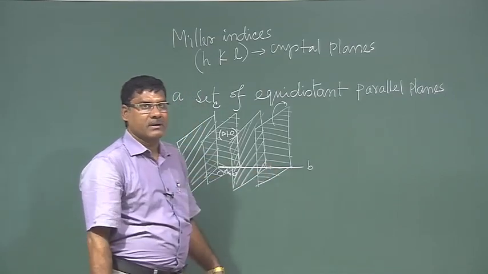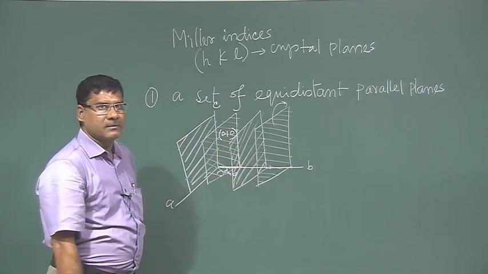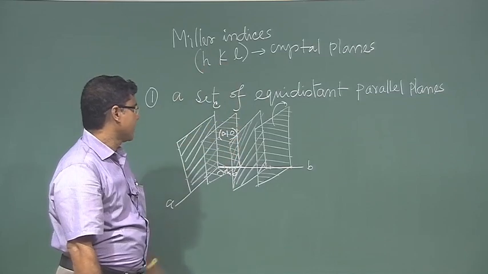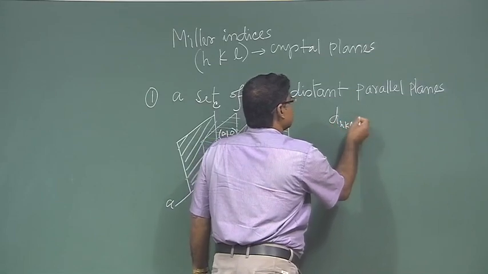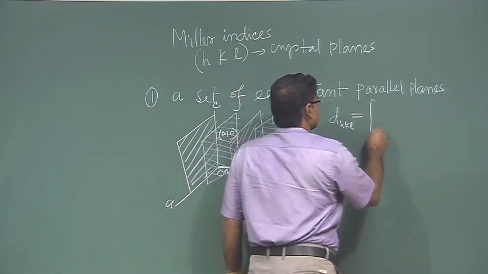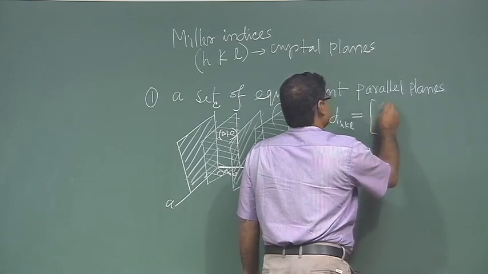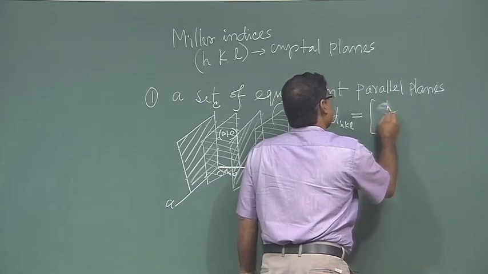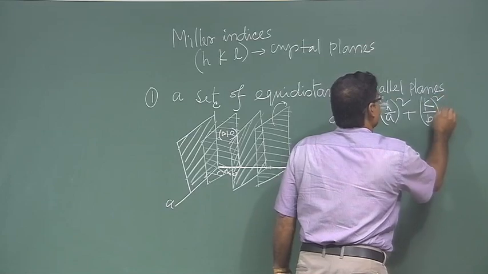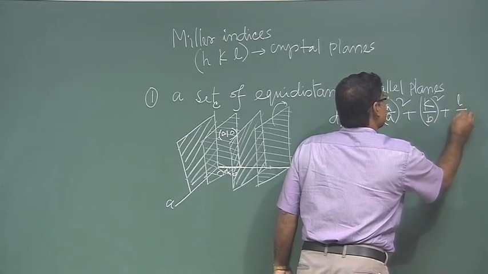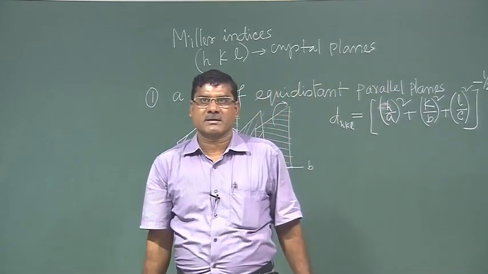I have discussed how to find out the planar spacing of a plane, say the h k l plane. So we have seen that d h k l is equal to h by a whole square plus k by b whole square plus l by c whole square, whole raised to minus half.